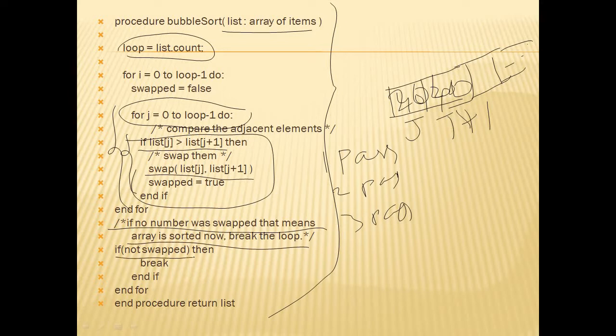If not swapped, it will come out and the algorithm will end. In that case we need not go with swapping. If swapping is required, this process will continue, otherwise it will come out. So this is the procedure for bubble sort, and the algorithm also. Now we go with one example.